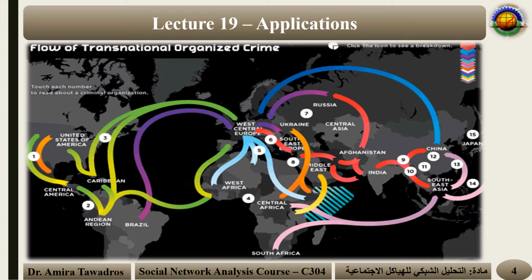What kind of clusters and subgroups exist inside these dark networks? Which are the most influential and powerful nodes inside these networks? Do you remember the centrality measures? These different measures will be very important here. Which nodes are acting as brokers, mediating between other nodes, for example?